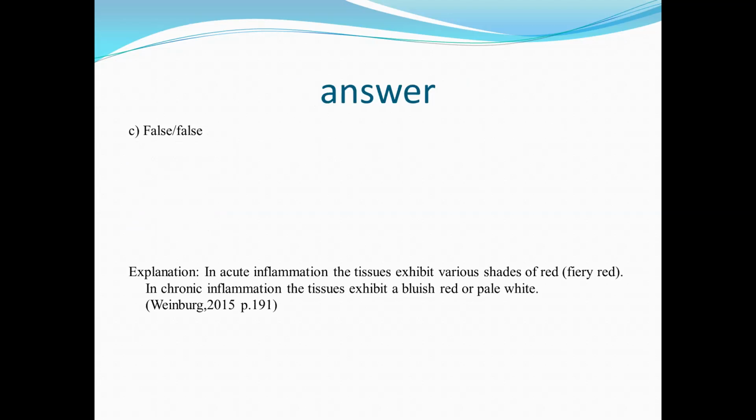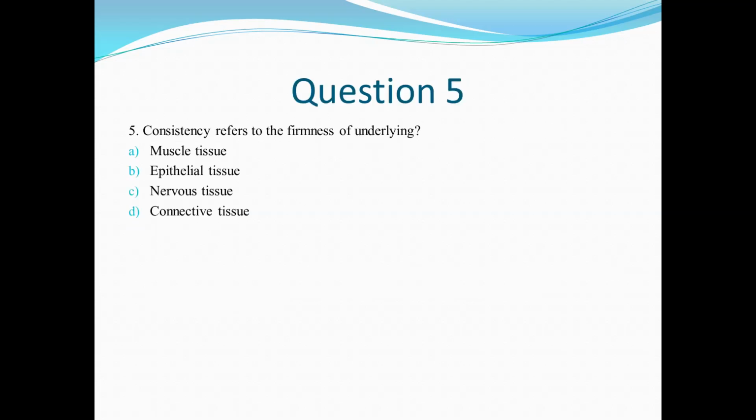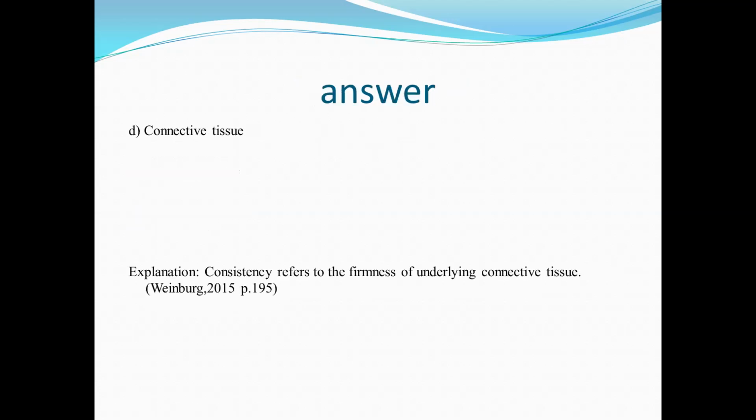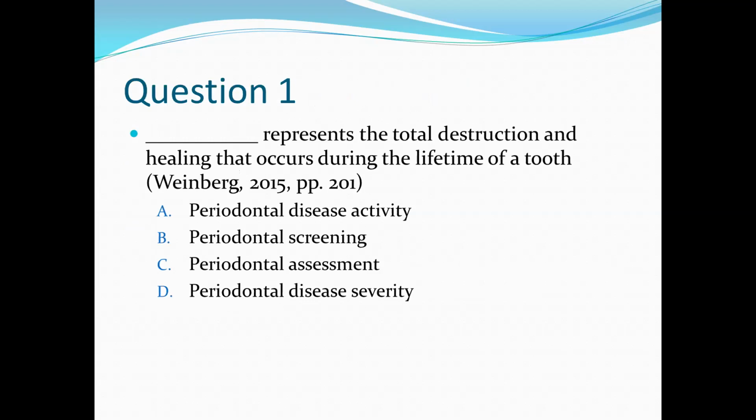Okay, page 191. These questions are coming from 191, my friends. Consistency refers to the firmness of underlying what? Connective tissue. What represents the total destruction and healing that occurs during the lifetime of the tooth?